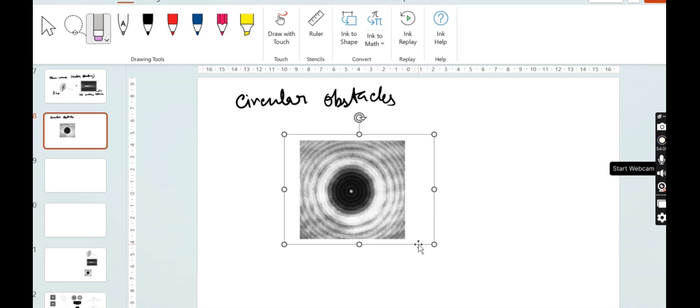When there is a circular obstacle, it depends on how much it covers.